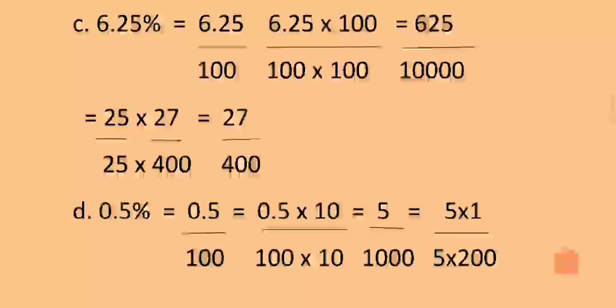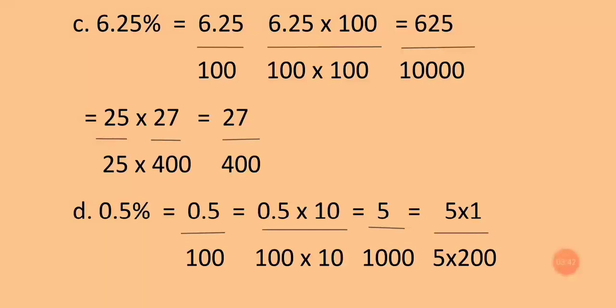So the lowest fraction for 38% is 19 over 50. 1C, we have 6.25%. 6.25% means 6.25 out of 100, which is the same thing as 6.25 over 100.